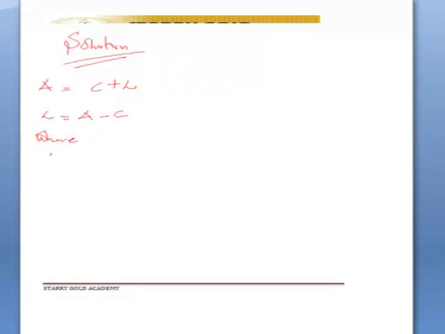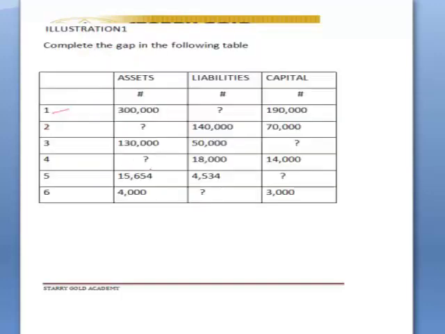Where L is what we are looking for, A is 300,000 and C is 190,000. So what is L?